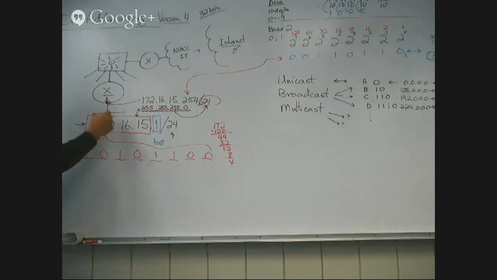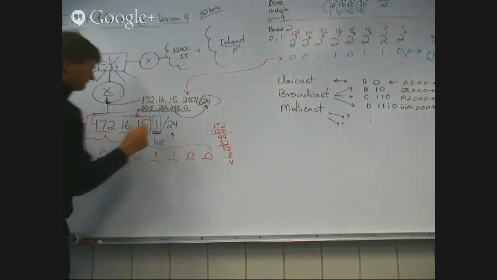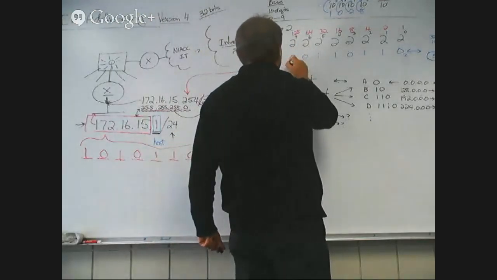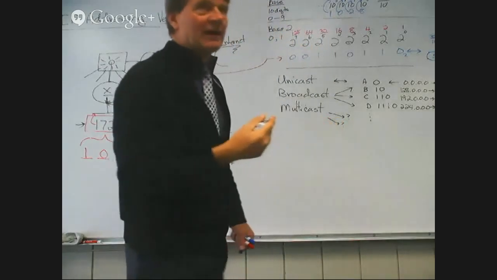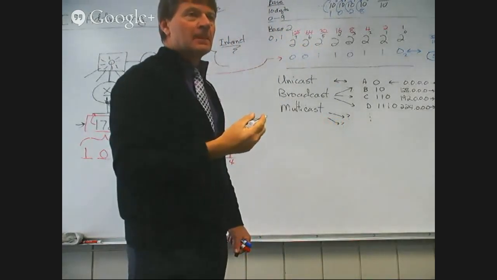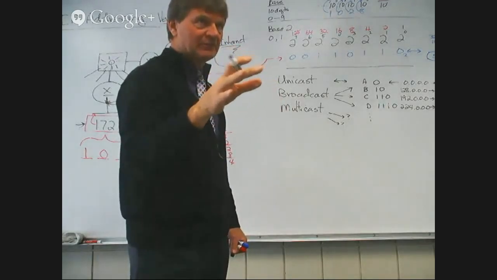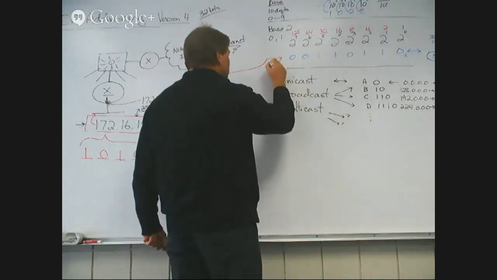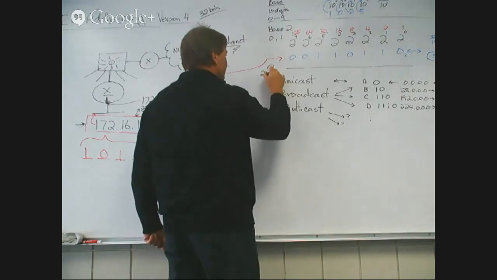So if we had multiple computers on here, how many computers could we put on here? Let me help you with that. If you did the math, this many bits would give you 256 combinations. For a host, what we usually think of as a PC, we never assign the host 0 or the host 255.